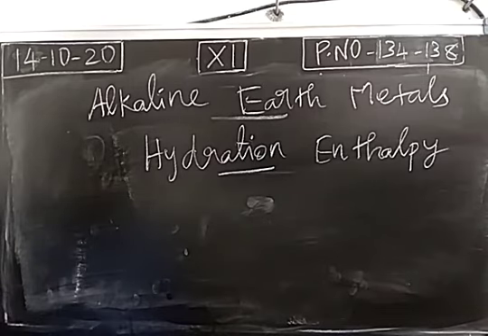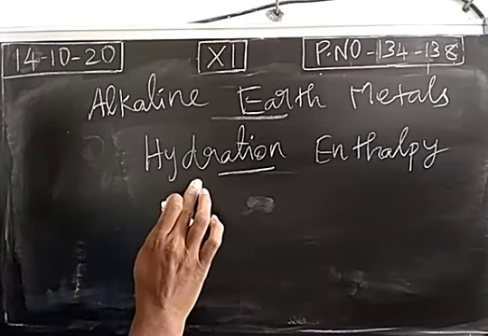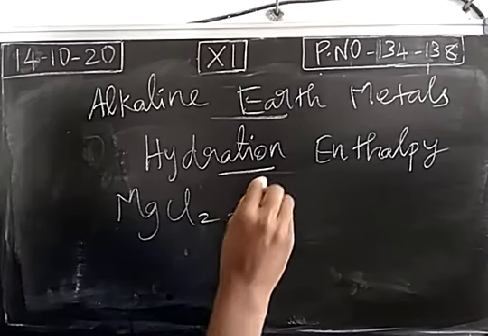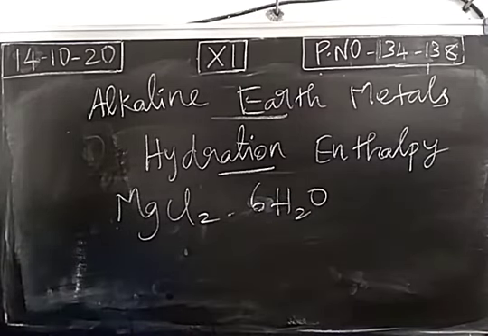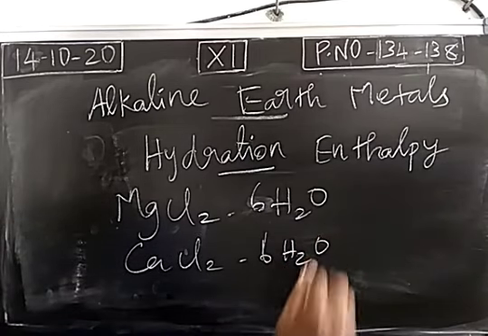Then as usual, from top to bottom hydration enthalpy decreases. From beryllium to barium, hydration enthalpy decreases due to increase of size. So comparing alkali metals, alkaline earth metals will have more hydration enthalpy. Two examples are given in our book: magnesium chloride hexahydrate, calcium chloride hexahydrate.